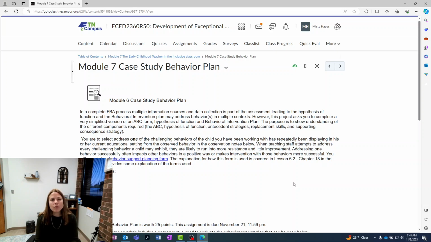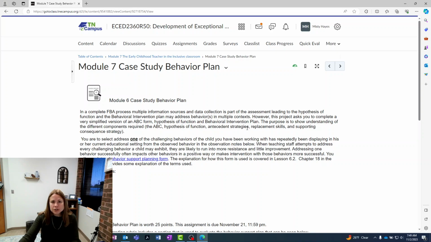The whole purpose of why I'm having you do this is because you need to understand that when you have behavior issues, you have to think about why the student is communicating this type of behavior to me, right? So you conduct the ABC to help you figure out what the trigger is for that child. The hypothesis of function helps us figure out why this behavior is happening. What's the function, or the reason behind it?